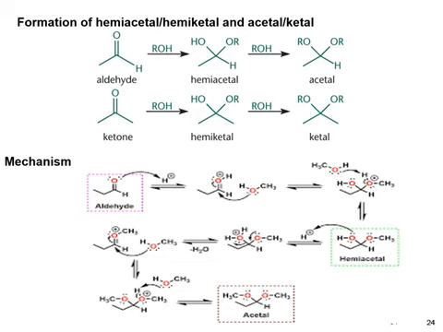And then if a second alkoxy group is introduced in place of the free hydroxyl group, it is converted into a ketal. These are very useful in organic synthesis. They are used for the protection of groups, and at the end of the required target synthesis, these are easily removed back to the carbonyl compound. Below is the mechanism of hemiacetal, hemiketal, acetal, and ketal.